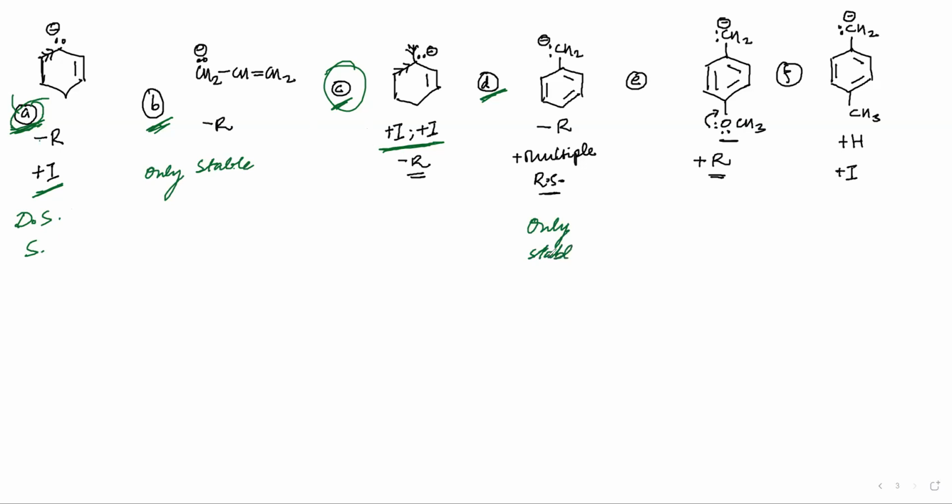Okay, fine. Now if I want to compare between B and D, which one has more resonating structures, Fatima, between B and D? D has more resonating structures. If D has more resonating structures, that means D will be most stable.